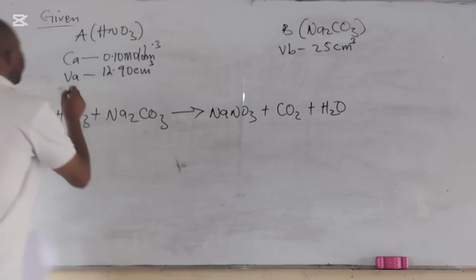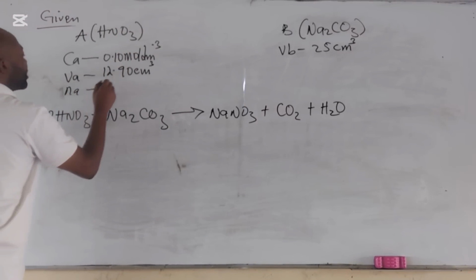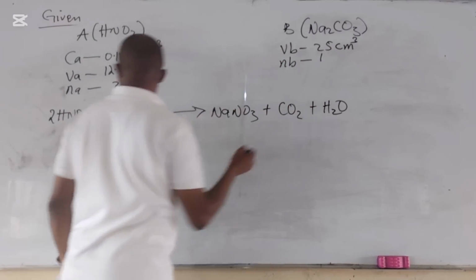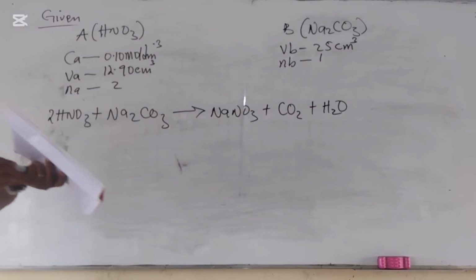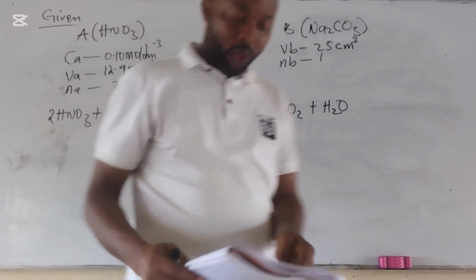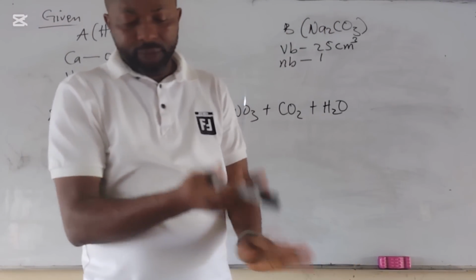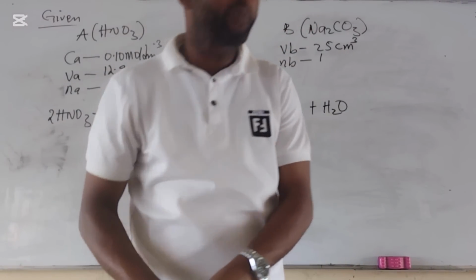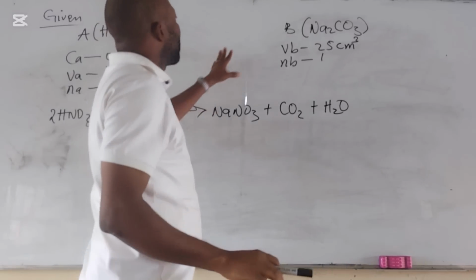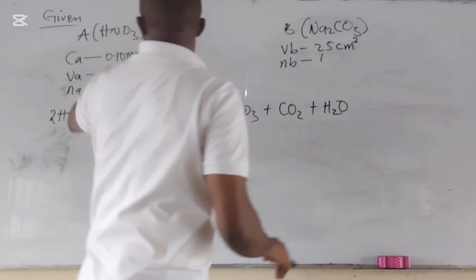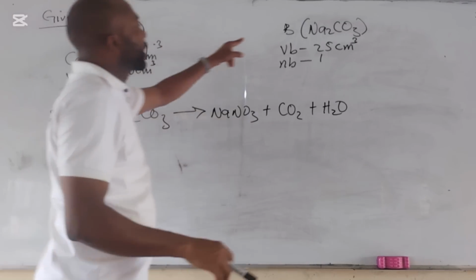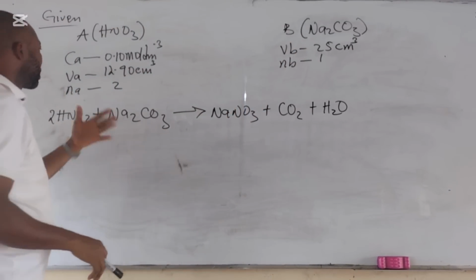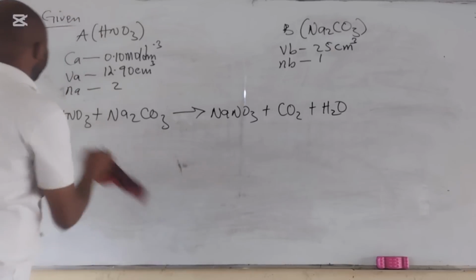So from the equation of reaction, the number of moles of acid is 2 and the number of moles of base is 1. Now we should calculate the concentration of B in mole per dm cube, the concentration of the base. They've given us that of the acid, so we need to get that of the base. So we have virtually almost everything we need.